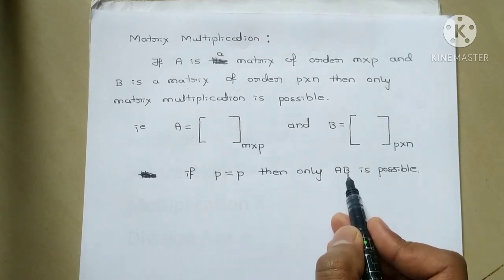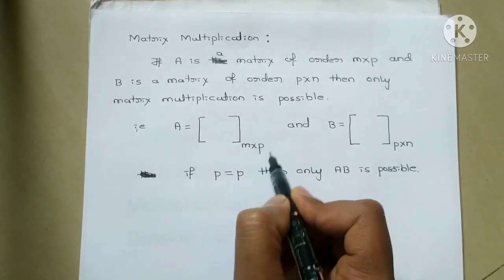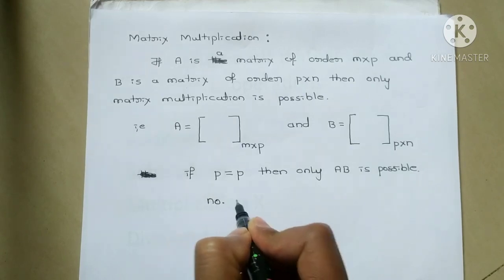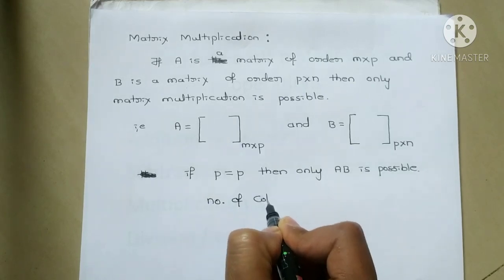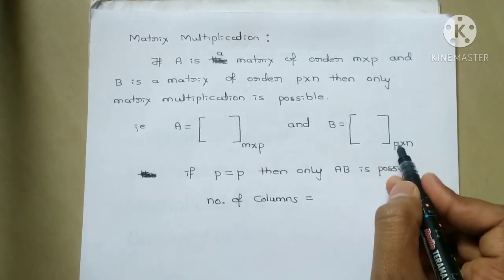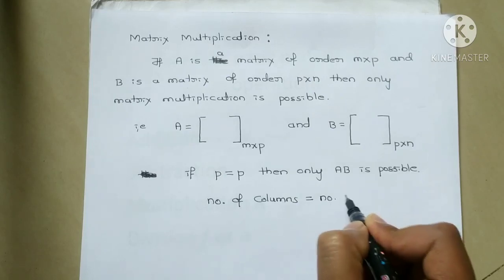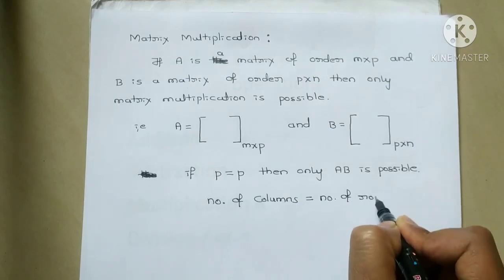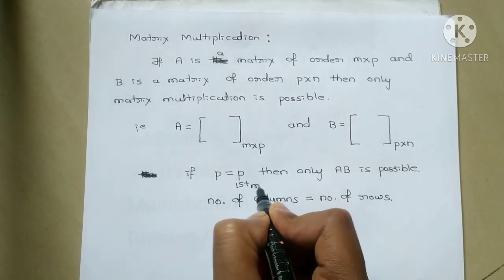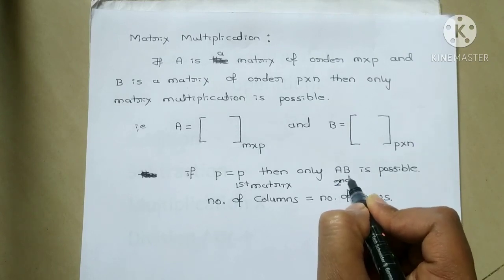that is A into B, first you need to check in the first matrix number of columns, which should be equal to, in the second matrix, number of rows. So this is the first matrix and this one is the second matrix.